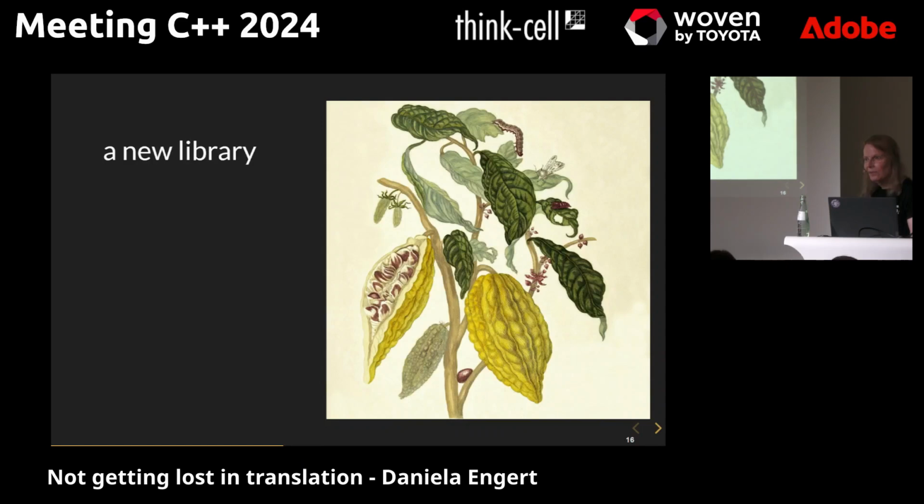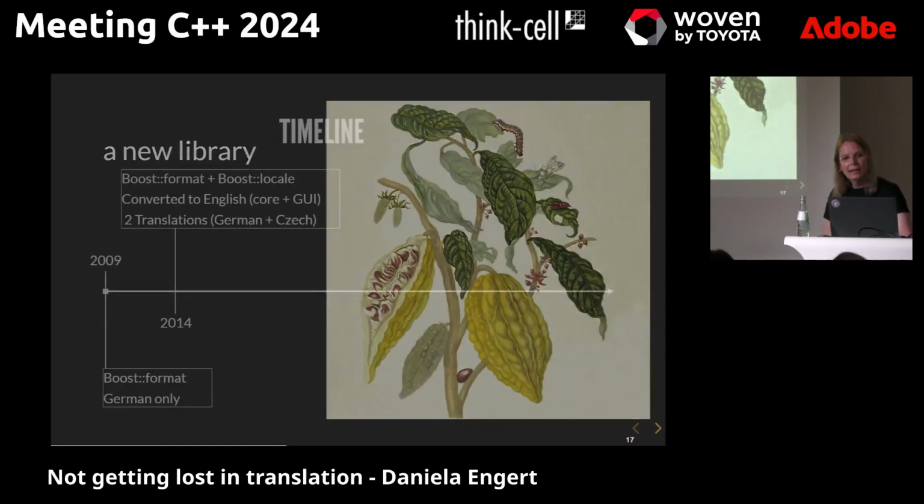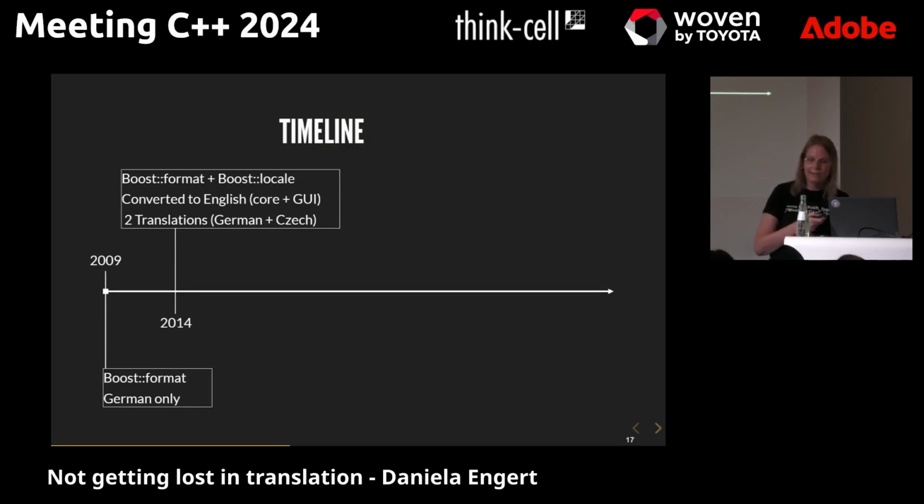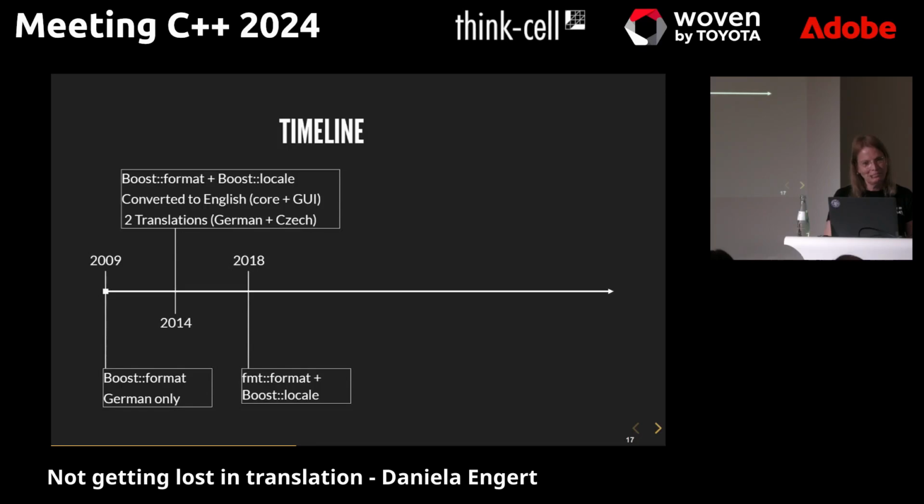So this is where we step forward 4 more years into the year 2018. And in 2018, I would say, the formatting library, libfmt, maybe you know about it, became pretty stable and usable, and I was also a heavy contributor to this library, quite familiar with it.